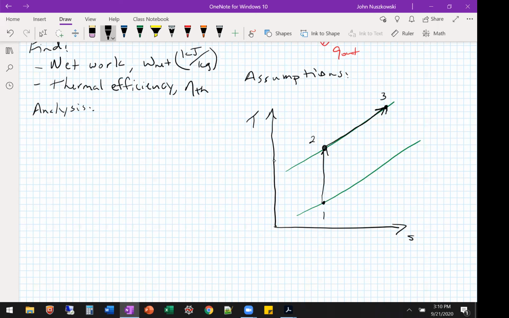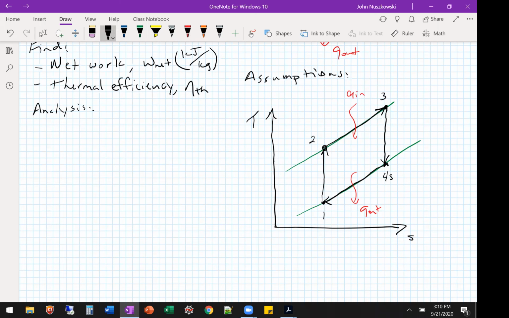Now we go through our turbine and we would expand isentropically right there, 4s, and then through our heat exchanger, we go constant pressure back to state 1 because we're rejecting heat. So our entropy decreases just like when we're adding heat, our entropy increases, right?